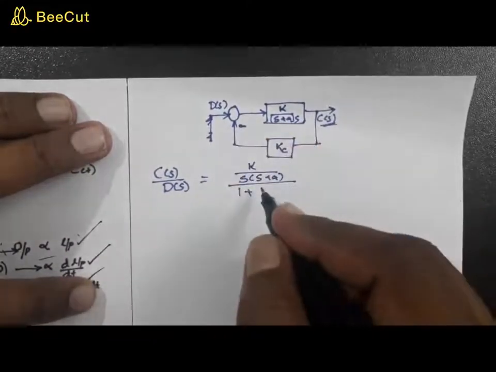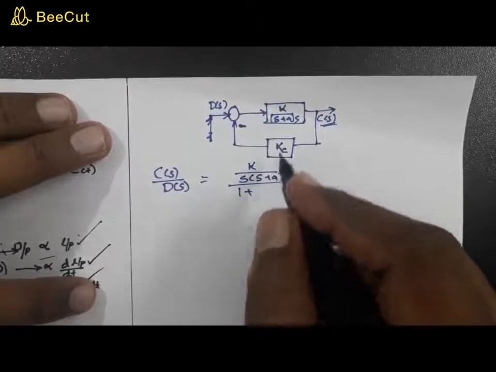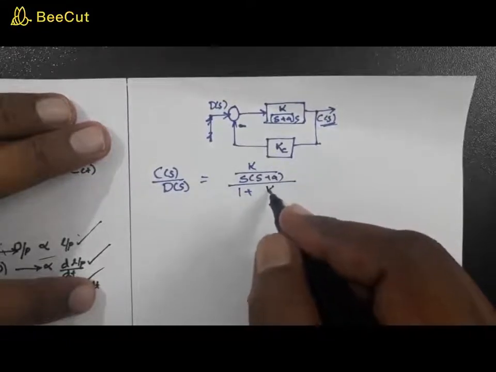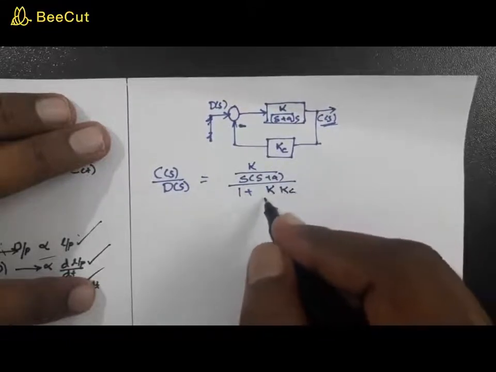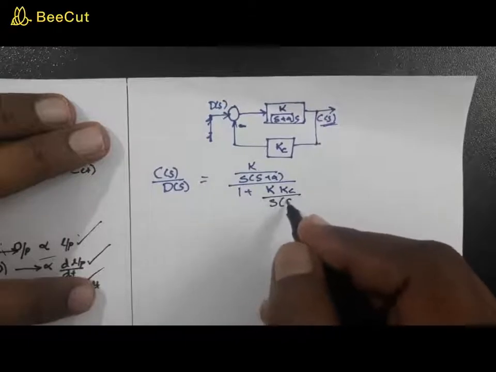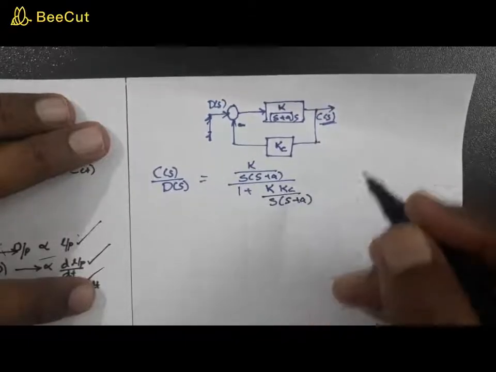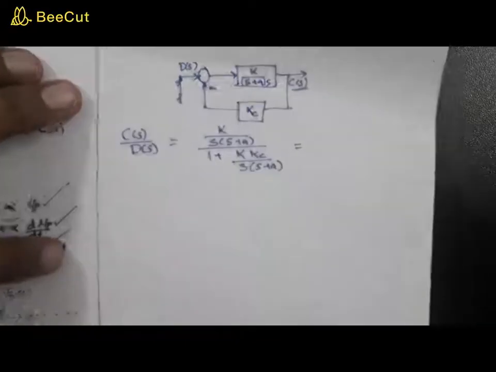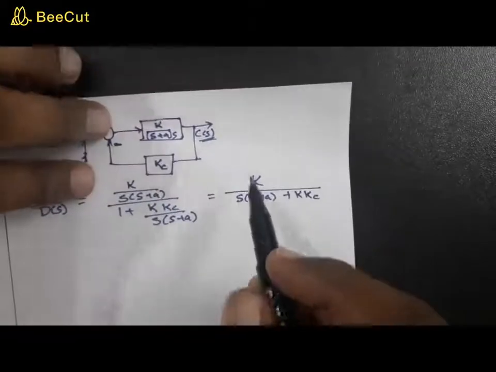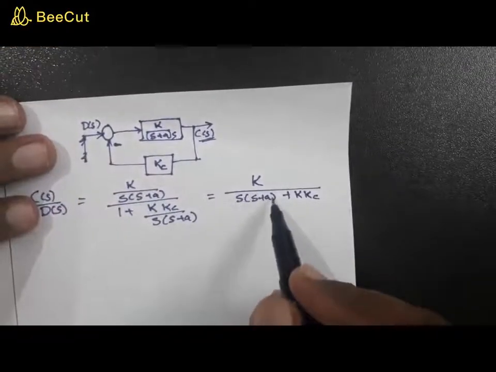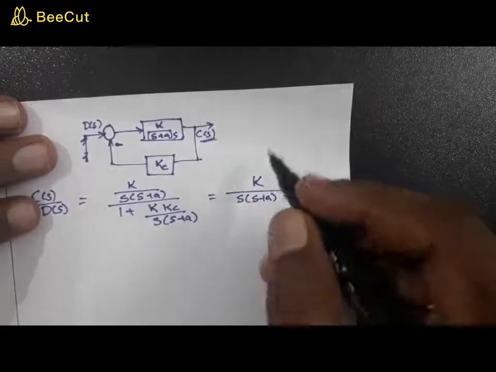It's a negative feedback. You can call this 1 by G as H S. So this will be K into Kc by S into S plus a. Okay, so you will get this as K by S into S plus a plus K into Kc.